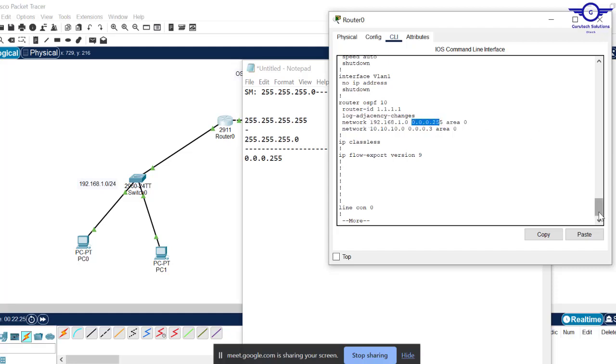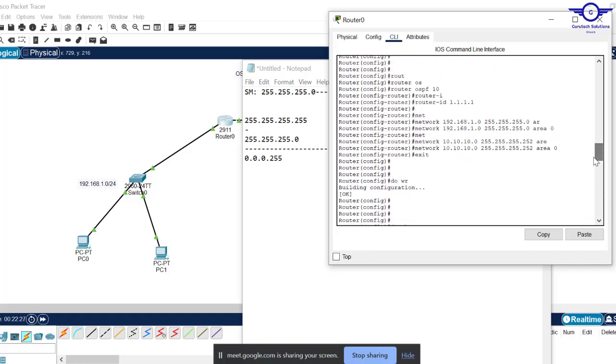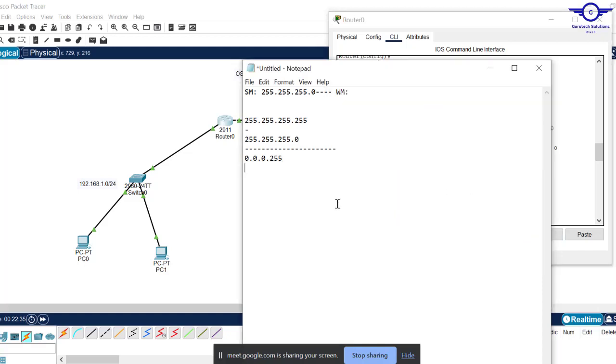So let's calculate the wildcard mask of the second scenario, which was 255.255.255.252. The subnet mask in question is that one. So I paste it here and take this, copy, and I paste there. So how do we do it?